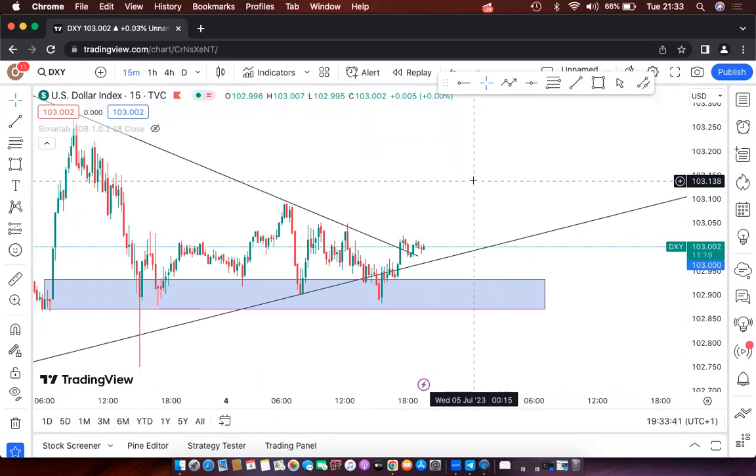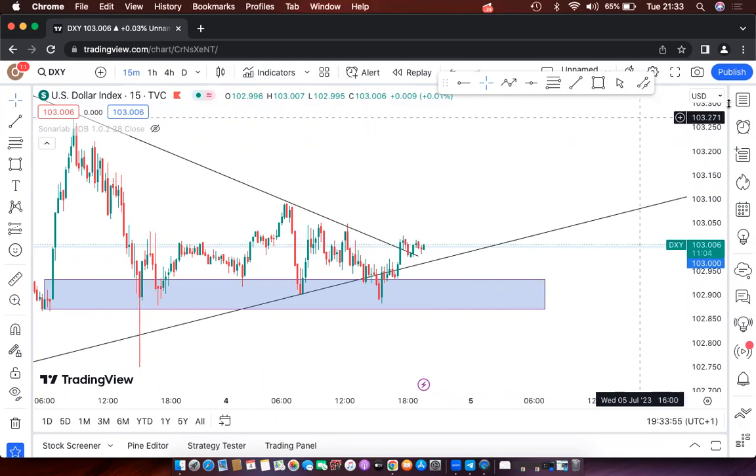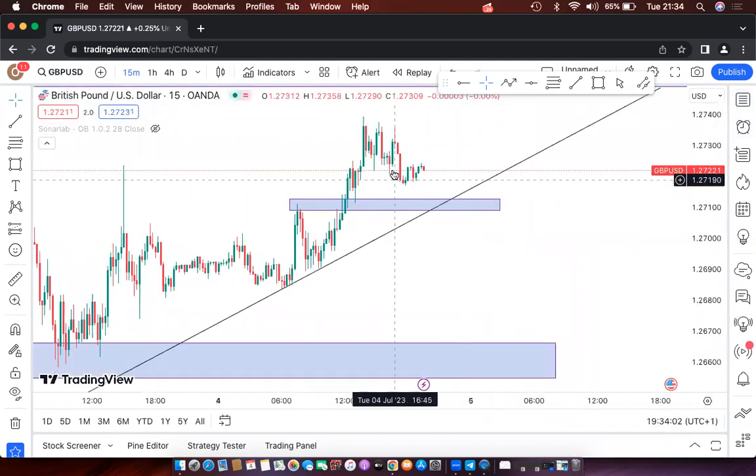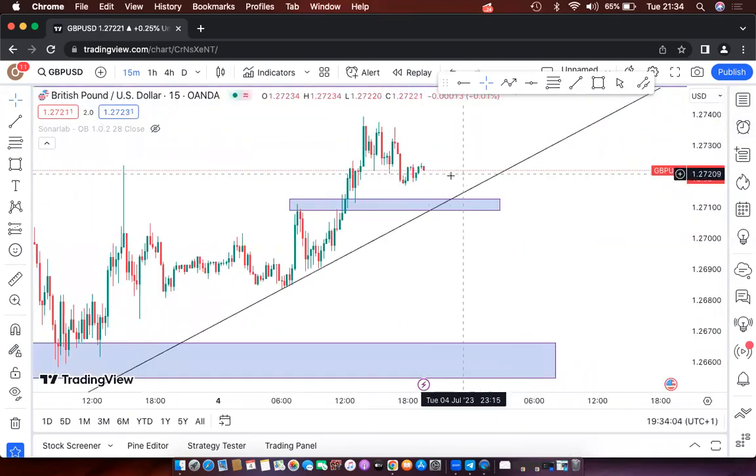So I write down what I'm expecting, I pin it somewhere, then I just watch what's happening. I come back in 1 hour, 2 hours. If I'm not seeing any action, I'm done for the day. But if I'm seeing the reaction, I reread the previous price movements, and I see what's happening.